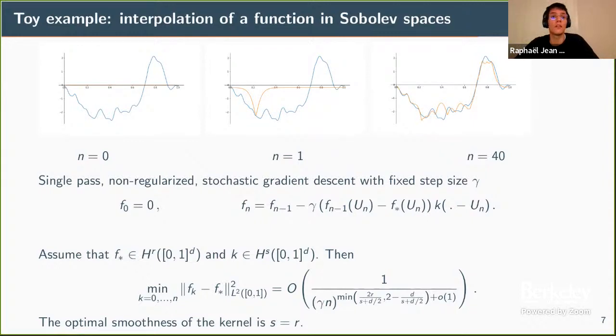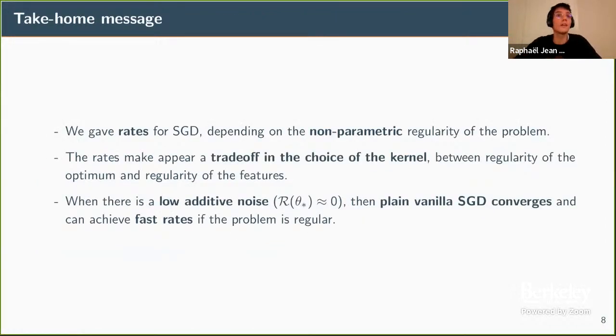Same regularity as the function, and I don't know if this was obvious from the start. Okay, take-home message. We give rates for SGD depending on non-parametric quantities, and this rate makes appear a trade-off in the choice of the kernel, a trade-off between the regularity of the epsilon and the regularity of the features.